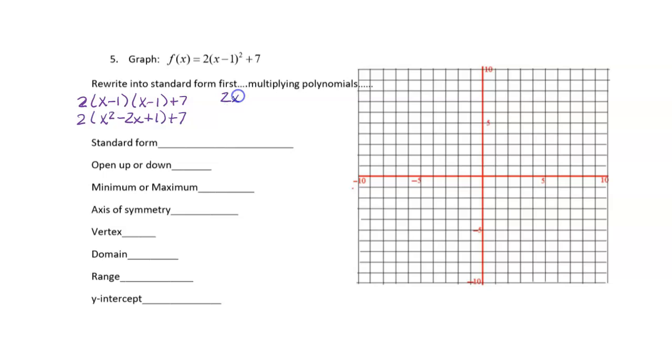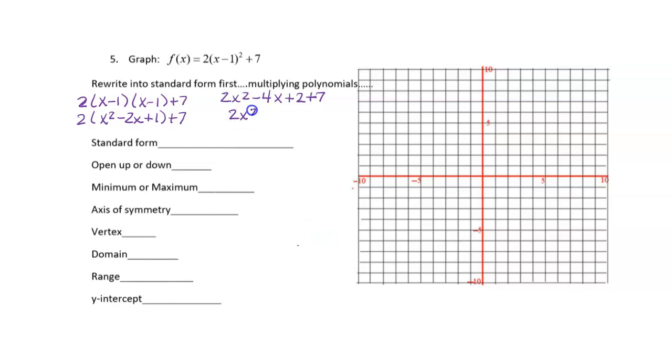So I have 2x squared minus 4x plus 2 minus 7. That's actually plus 7. So then I have, whoa, let me go back. 2x squared minus 4x plus 9. That is my standard form. I'll put that there.